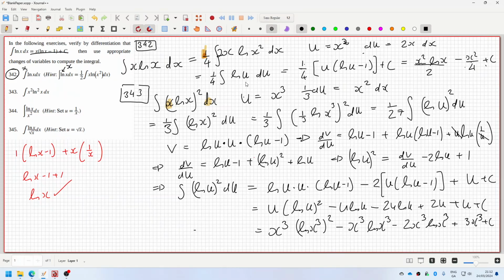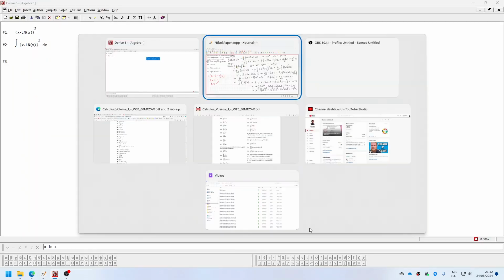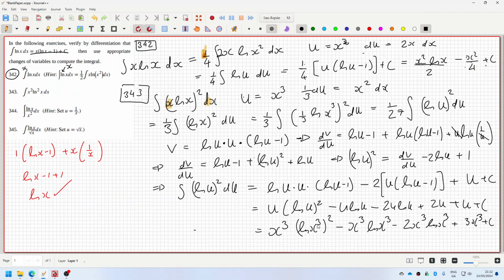X cubed log x squared over 3, you see the 3 can come down though, make a 9, and the 3 can come down here as well actually. So I could have done some cleaning up for sure.